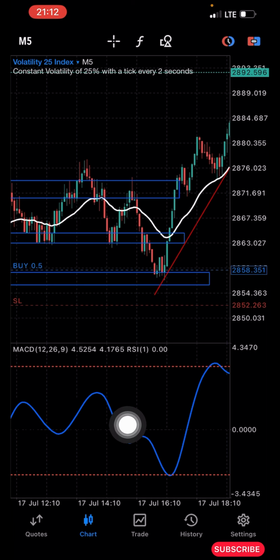You can see there's a structure here. Let me zoom in so that you see what I'm talking about. Once price breaks successfully, like this candlestick here was the one that breaks above the structure, you can take your buy from this area, place your stop loss below this area, and hold till your TP area.